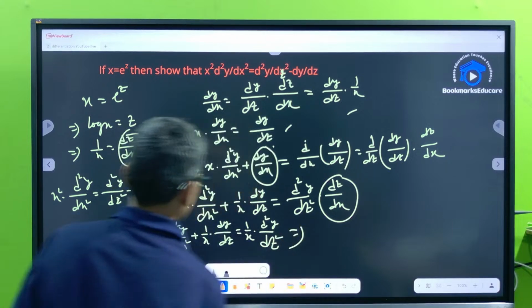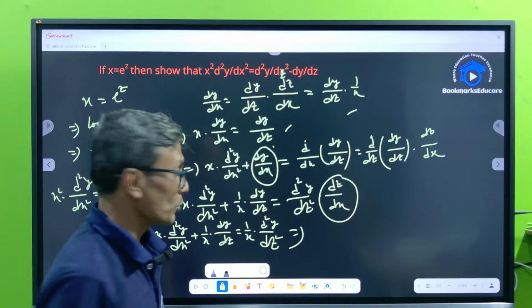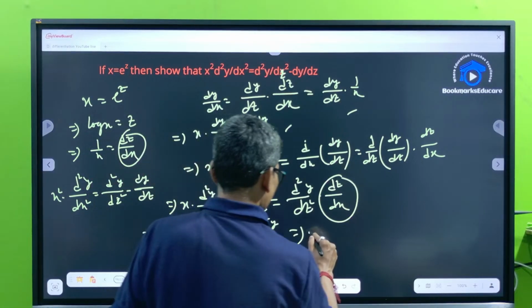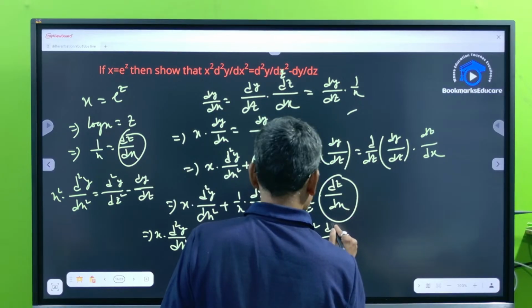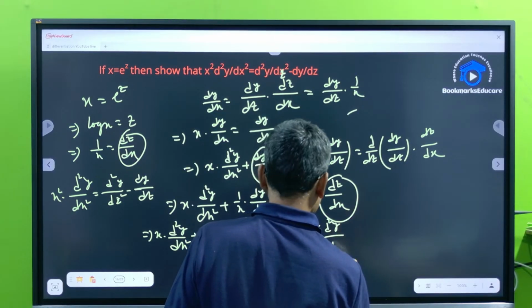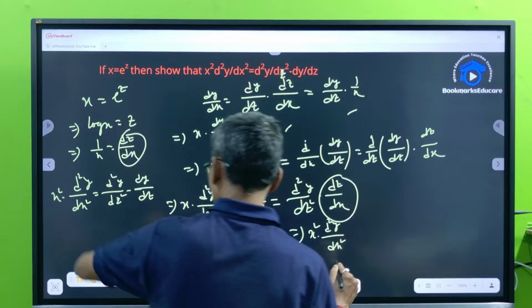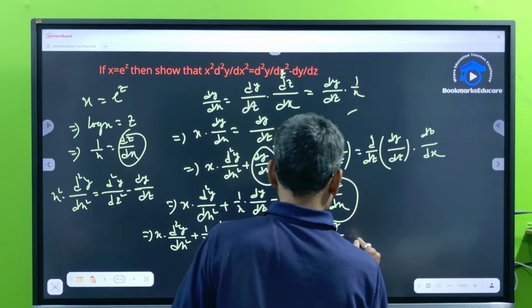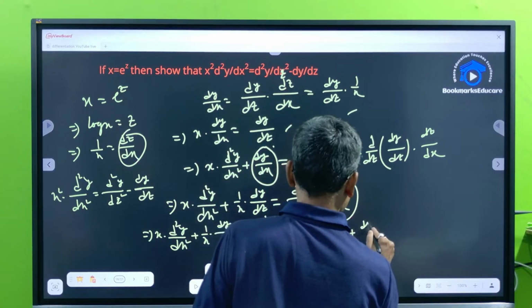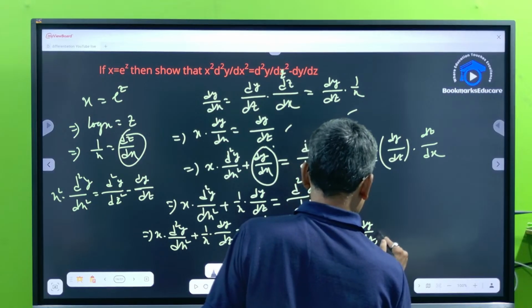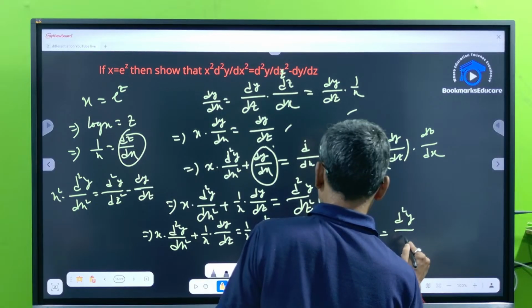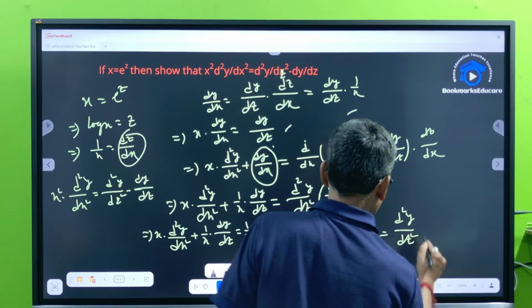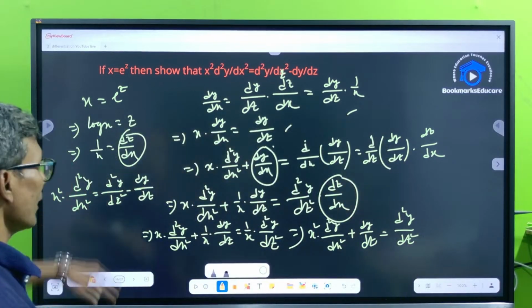So multiplying on both sides by x, x square into d2y by dx2 plus dy by dz is equal to d2y by dz2. So the proof is done.